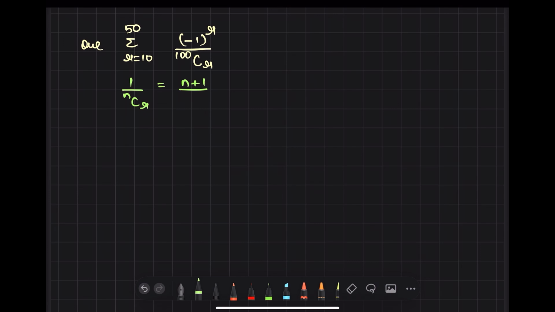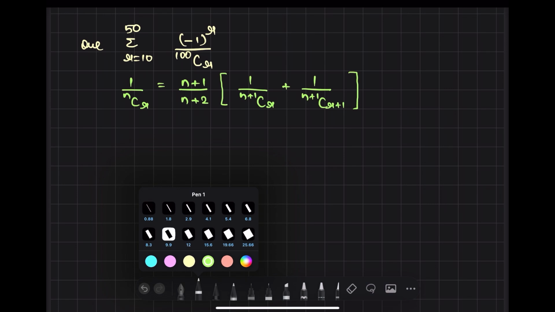So n+1 by n+2, and then we have 1 by n+1 Cr plus 1 by n+1 Cr+1. You have to memorize this result, because this result will be applied over here, then only you can get the answer.